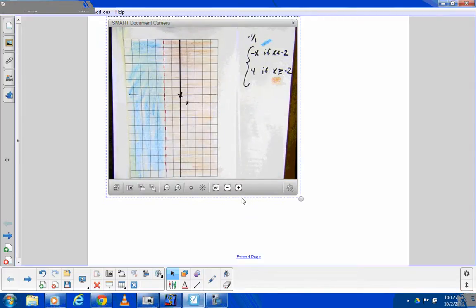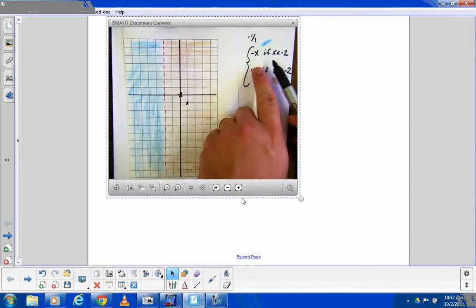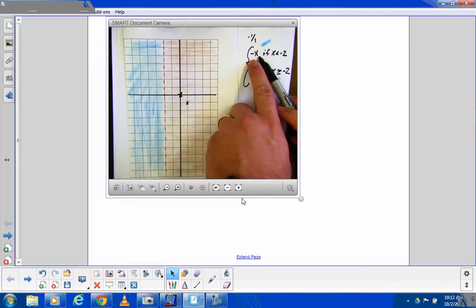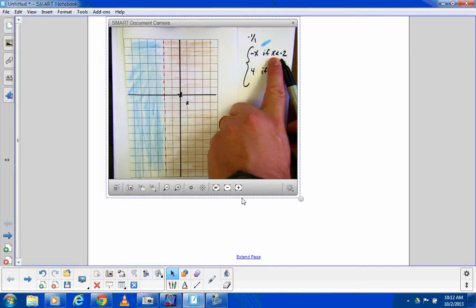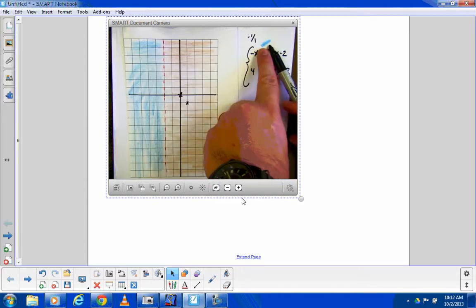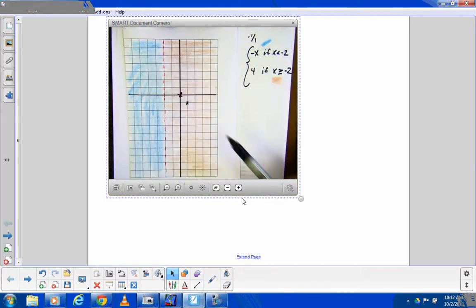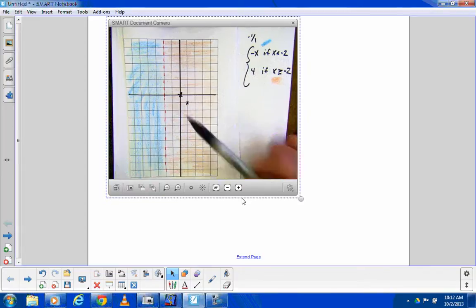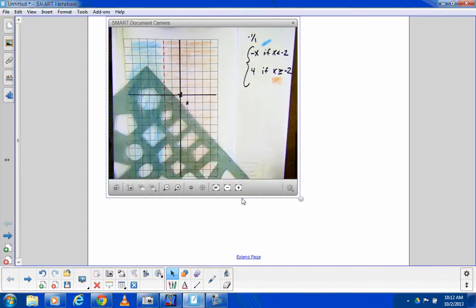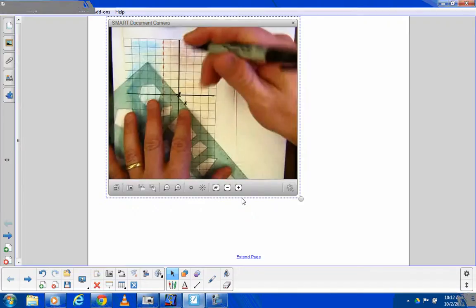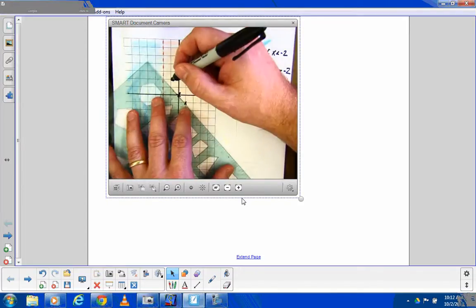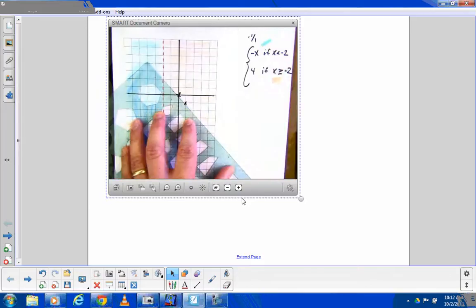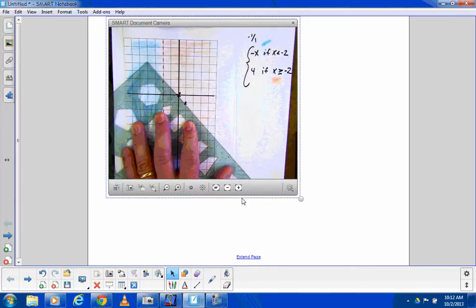Now let's get ready to graph, but pay really close attention. This graph can only exist where x is less than -2, which is the blue region, right? So is the line actually going to go through those 2 points? No. Those 2 points are there only to help me line my straight edge up. So I'll line my straight edge up and go through those 2 points, but I'm not actually going to draw a line through them.